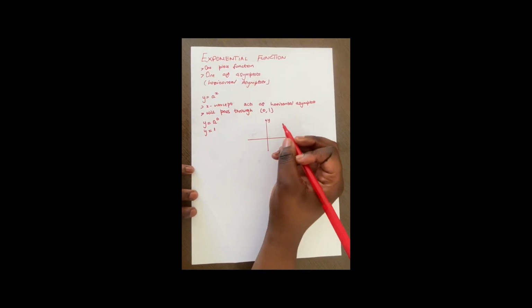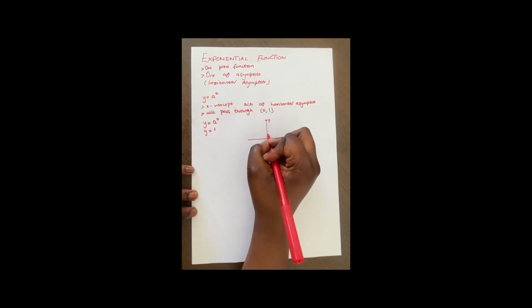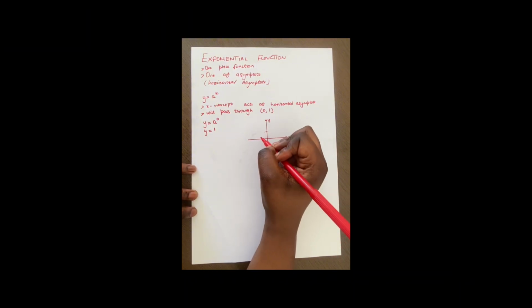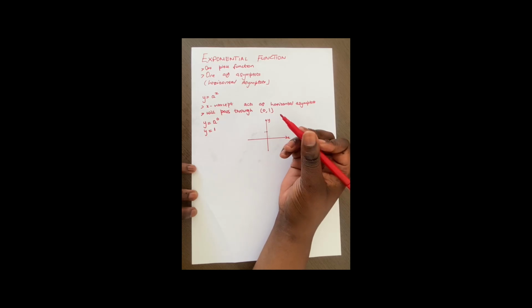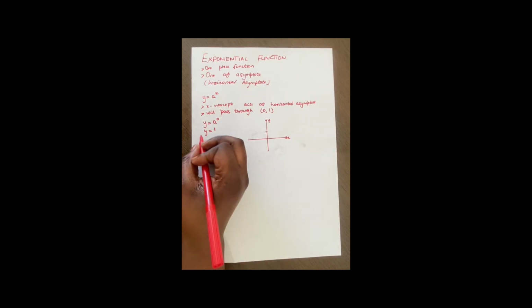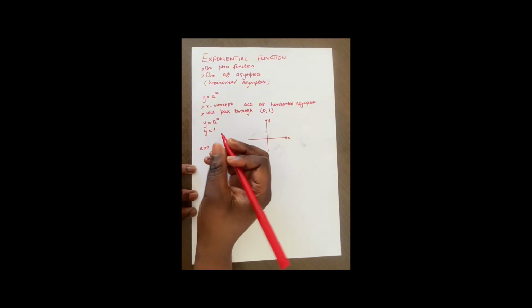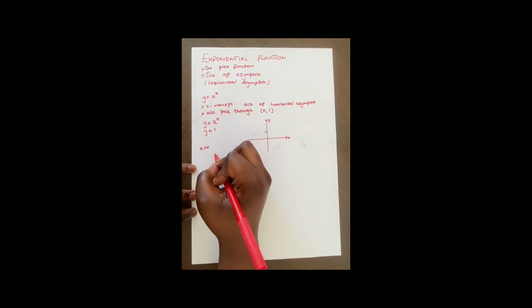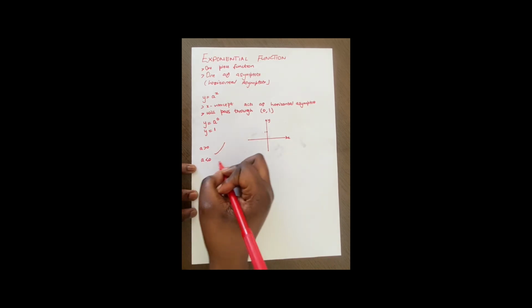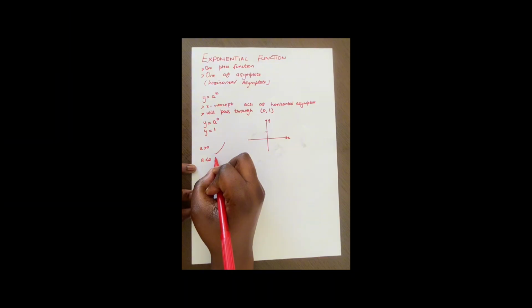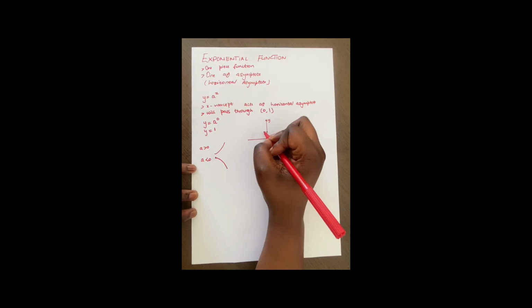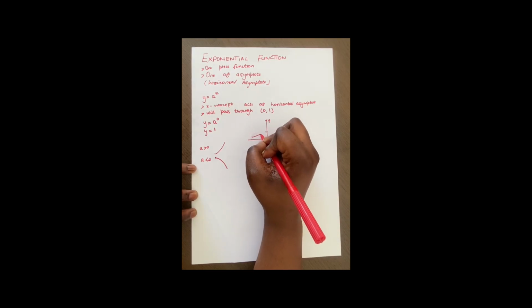So x is equal to 0 and y is equal to 1. So the graph will pass here. And then what about the shape? If a is greater than 1, the graph will be increasing. Its shape will be like this. And if a is less than 1, your graph will be decreasing. Now that a here is positive, it's going to pass here.